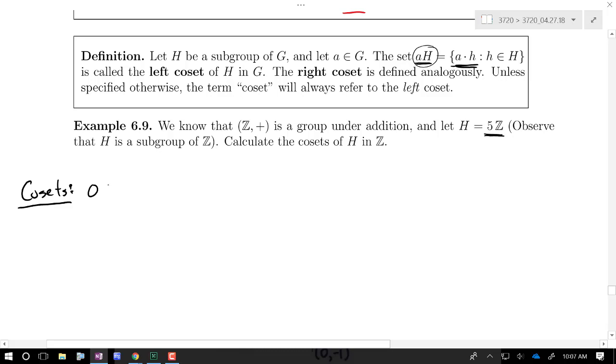So the 0 coset will be 0 plus H, and this will be the set 0 plus little h for every element h in 5Z. So I pick an element of G, and then I add it to every element of 5Z.